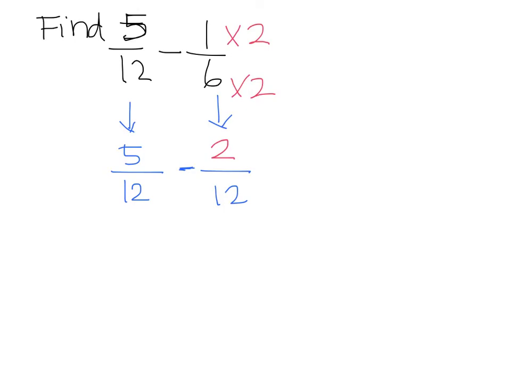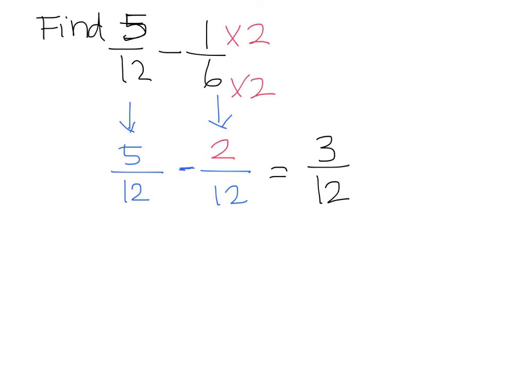Okay? Now, can I subtract? Yes. So what is 5/12 minus 2/12? 3/12. Very good. Is this in simplest form? No, it is not. So I need to change this into simplest form. So what am I going to divide by on each side? What factor do they have in common? The greatest common factor that I need to divide by.